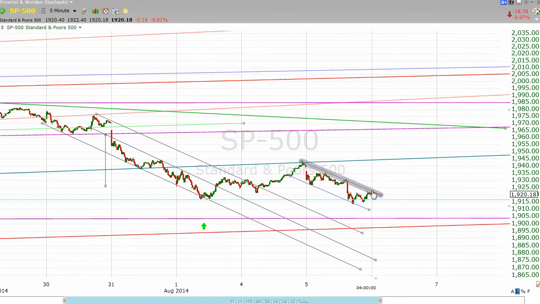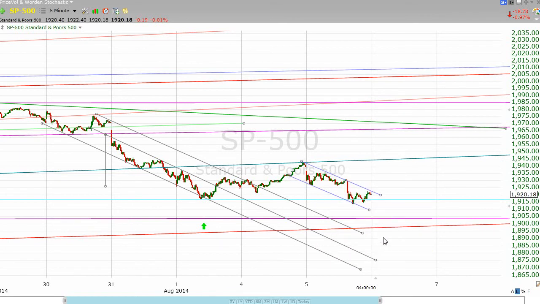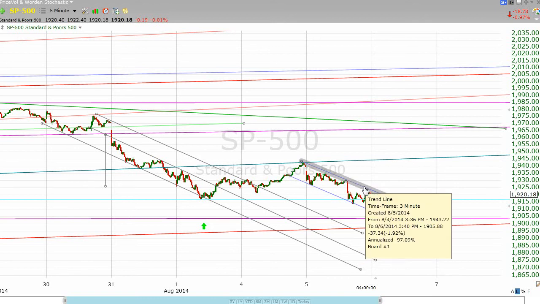Now this one hasn't been turned back yet, but two clear touches on the bottom, two clear touches on the top, and the idea being we'll get an idea about the next short-term move, I think, if and when we get over this blue line right here. And we will. I don't know when.